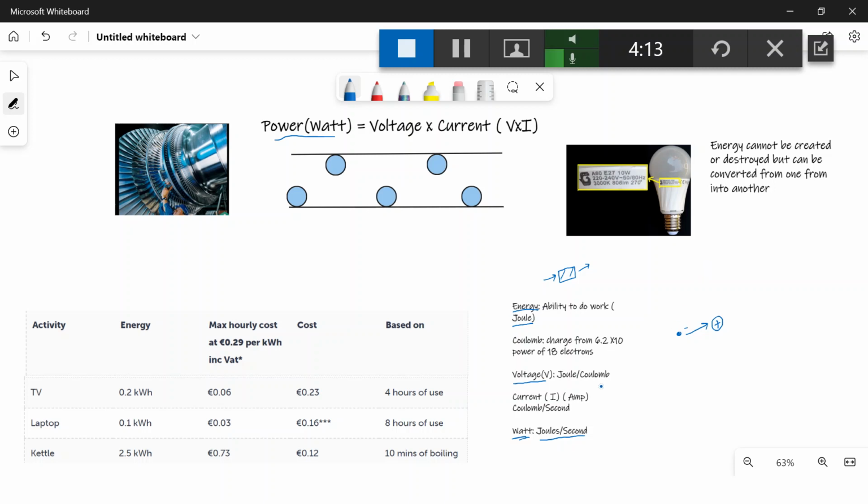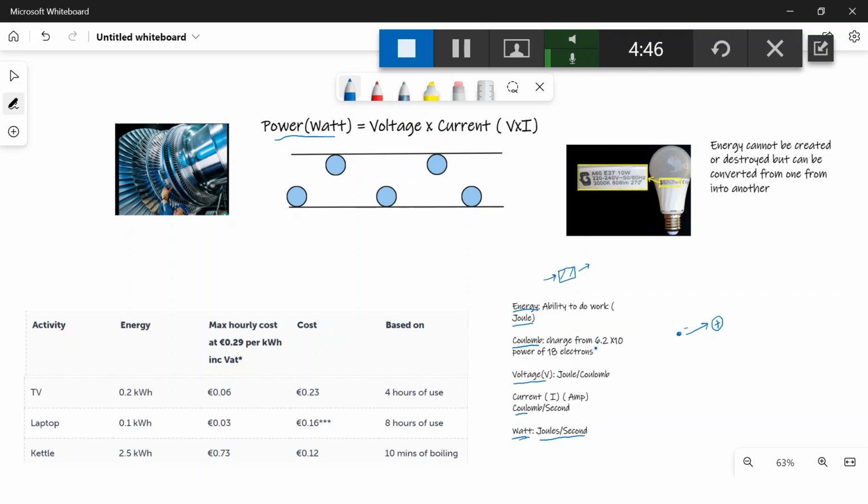In a similar way, we can use the idea of what's known as the coulomb. A coulomb is the charge on a massive number of electrons. Because electrons are so small, every second at a particular point there's a huge amount of electrons moving through, for example, a conducting material.